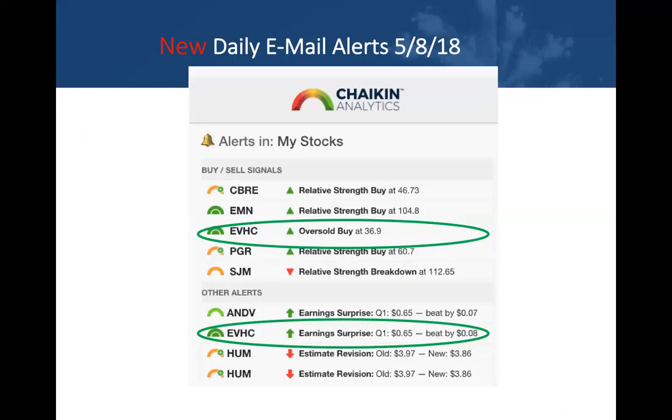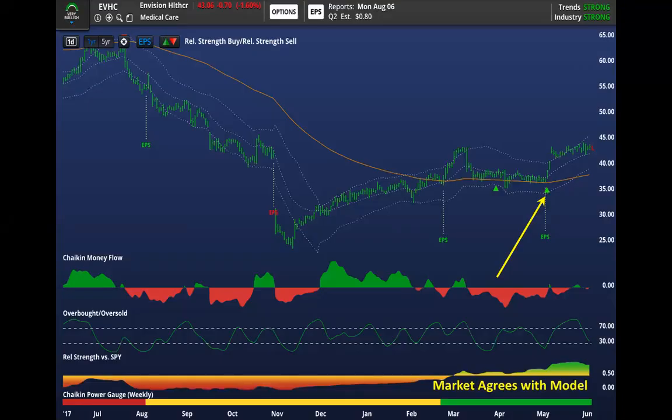The second day this service was live, I got 2 alerts on a stock, EVHC in the healthcare business, oversold buy at 36.90, and then I saw why. They had reported a positive earnings surprise. They beat analyst estimates. So this is what happened to Envision Healthcare. There's your buy signal.